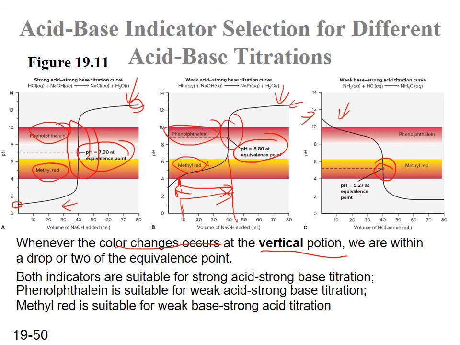For this titration, methyl red is appropriate because it's in the vertical region, but phenolphthalein is not. Again, you need a large volume of hydrochloric acid to cause the color change for phenolphthalein, so it's not appropriate for the titration.